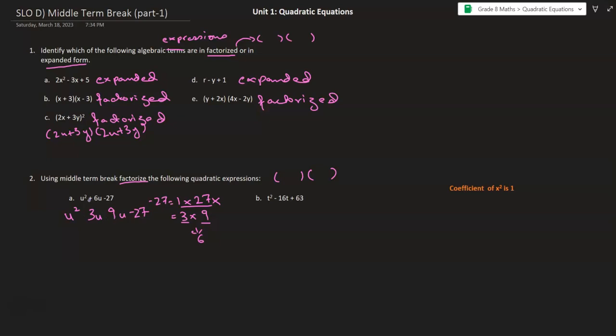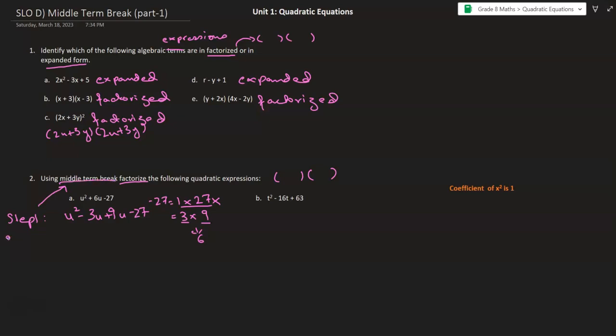So we see that this is a plus, and if they're going to add up, we cannot have a plus and a plus because that will result in 12, and we need to subtract. So we need to subtract 3 from 9. So the plus sign will be with 9 because I want the plus 6, and minus 3y will be with 3y, and if I add these I get 6y again. So this is step 1, which is called middle term break.